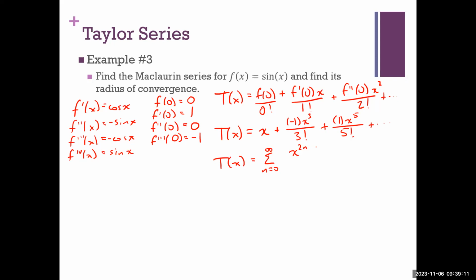Is that good enough? So I've got -1 to the 2n times x to the 2n over what? Is n factorial good enough? Two n factorial?